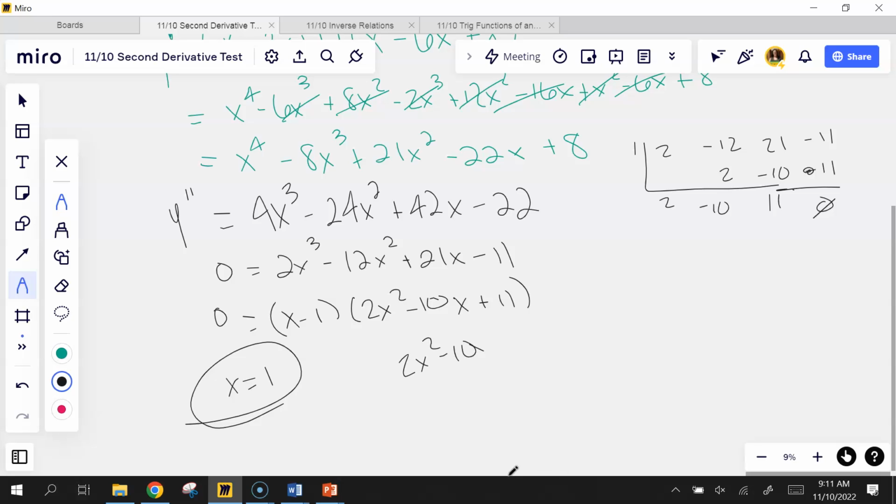2x squared minus 10x plus 11 equals 0. Now do you see why I said, oh, good Lord? It doesn't factor. Say that again?